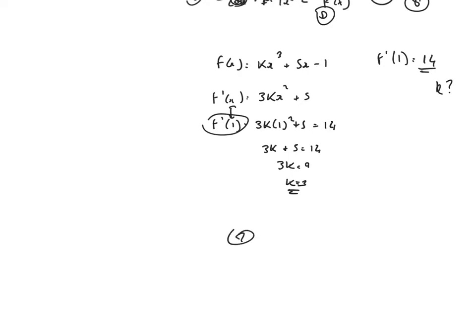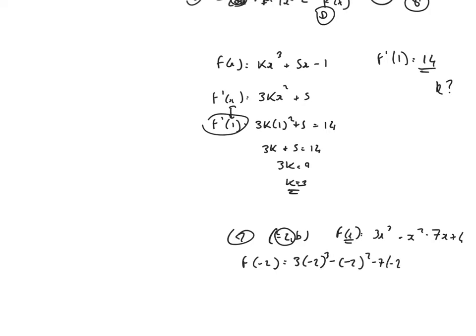Okay, question 7. The point (minus 2, b) lies on the function f of x equals 3x cubed minus x squared minus 7x plus 4. Find the value of b. When we find the value of b, I just put the x coordinate back into the function, that'll give me the y coordinate. So f of minus 2 equals 3 lots of minus 2 cubed minus minus 2 squared minus 7 lots of minus 2 plus 4.